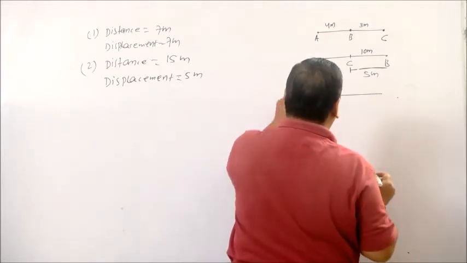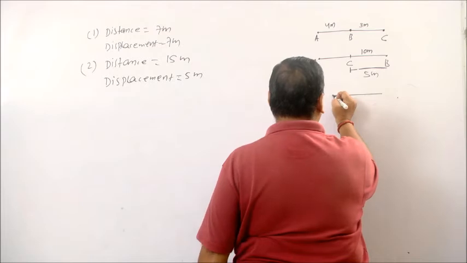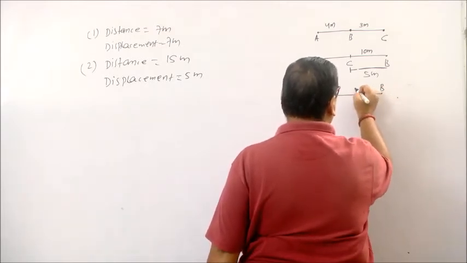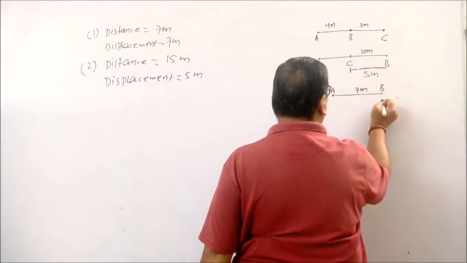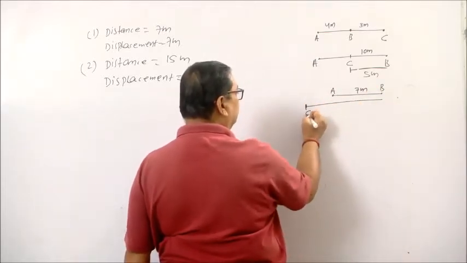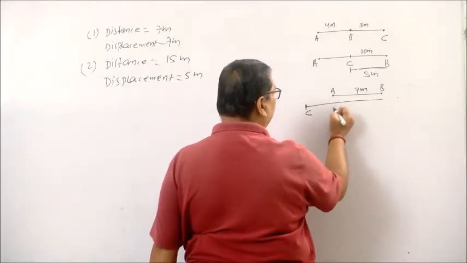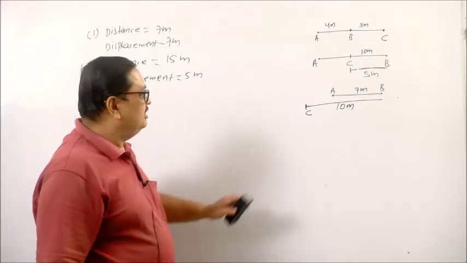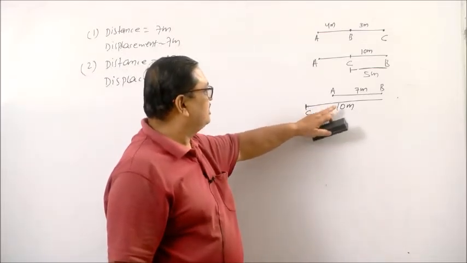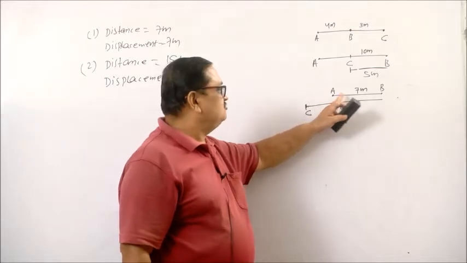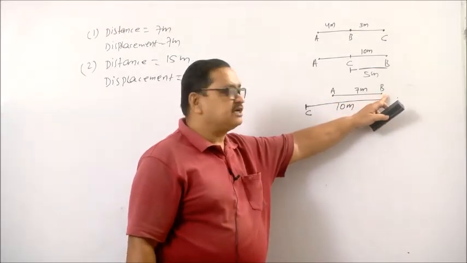Now take another example, 3. Suppose a body is moving from A to B 7 meter, and it is returning in the same path but crossing point A and coming to point C, that is 10 meter. Okay, you just mark in example 3, the starting point is A. First it is moving from A to B 7 meter in a straight line.